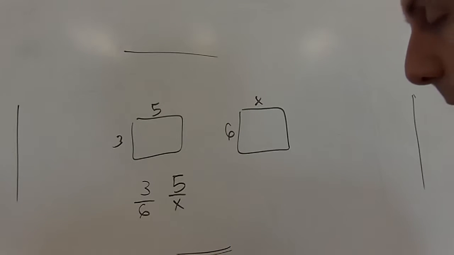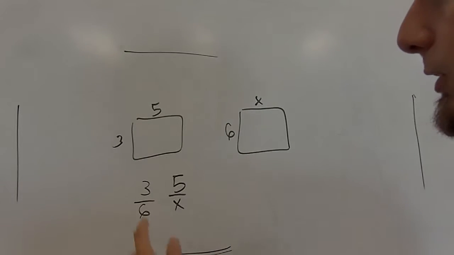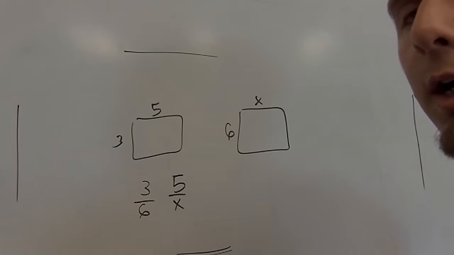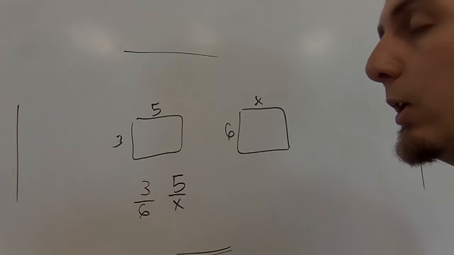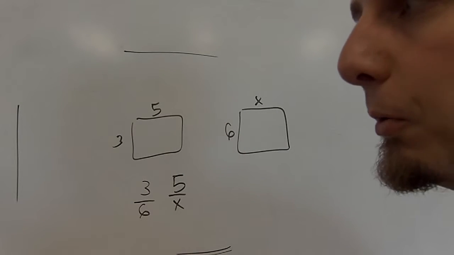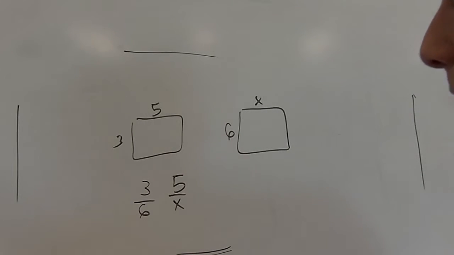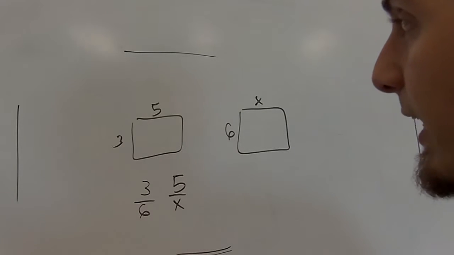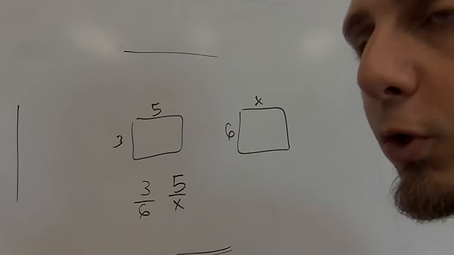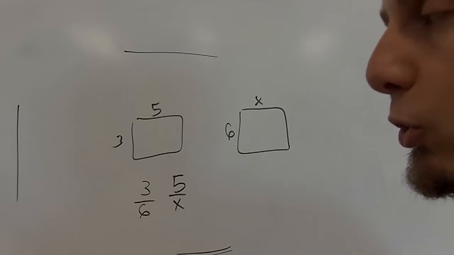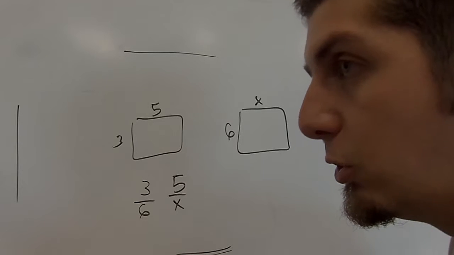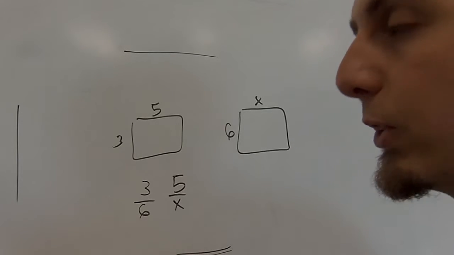Now, some of these ratios are going to be really simple. As you can see, this is a 1 to 2 ratio or a 3 to 6 ratio, but fully reduced it would be a 1 to 2 ratio. That's a very simple ratio. You can probably look at this problem and already tell me what x is supposed to be. That's not the purpose of this problem. I don't want you doing this stuff in your head. What I'm about to show you, once again, is how to do this no matter what the ratio is.